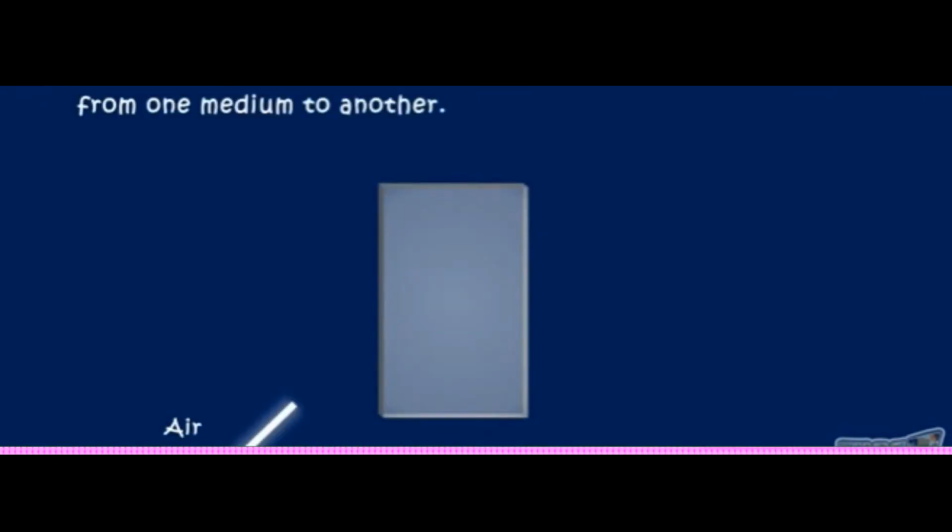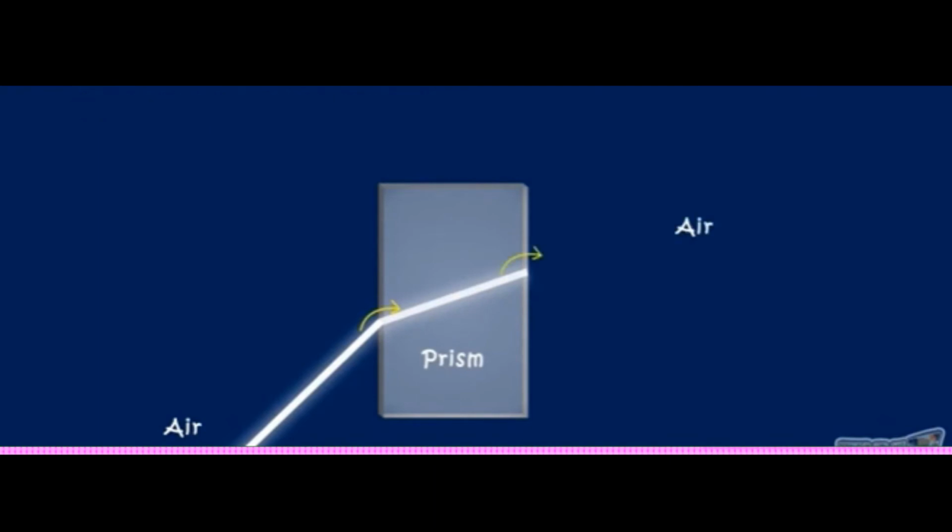So here a beam of light enters from air to a glass prism. So, if you consider air, there the particles are freely arranged. So, we call that medium a rare medium. And when you consider the glass, there the particles are closely arranged when we compare it with air.